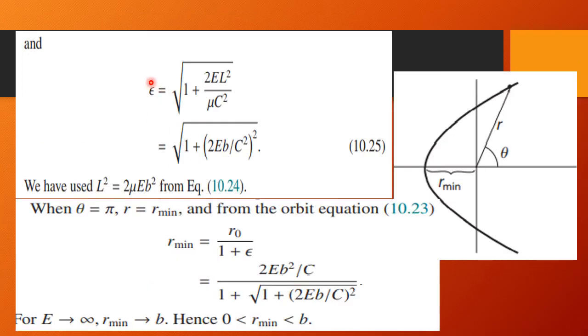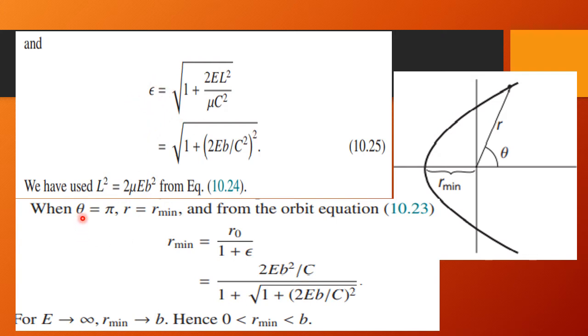And the eccentricity has the form of the root of 1 plus 2E L square by mu C square. Here also we substitute L square is equal to 2 mu E b square from the relation I have read earlier. On substituting you get the equation as root of 1 plus (2Eb by C) whole square. So we get the eccentricity.